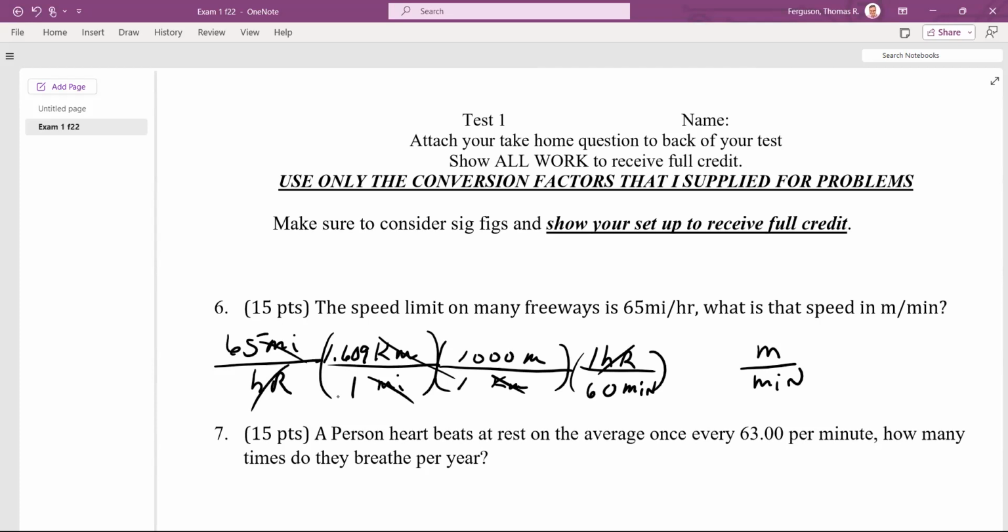So now we have meters per minute. Okay, so fraction to fraction, non-fraction to non-fraction.